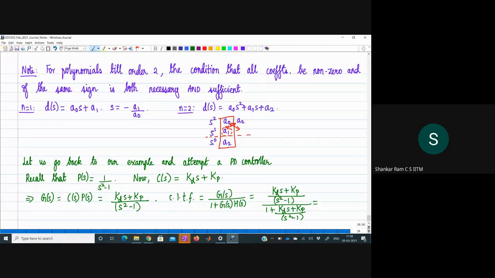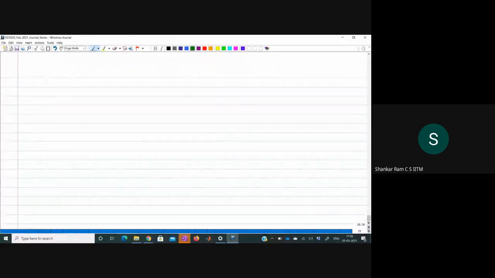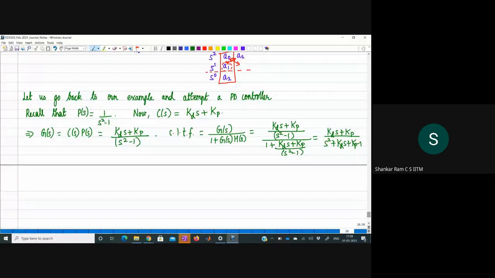This will give us KD s plus KP over s squared plus KD s plus KP minus 1. I'm just taking the LCM and then canceling out the term s squared minus 1. I hope what I'm doing is clear to everyone. Please stop me if there are any questions.